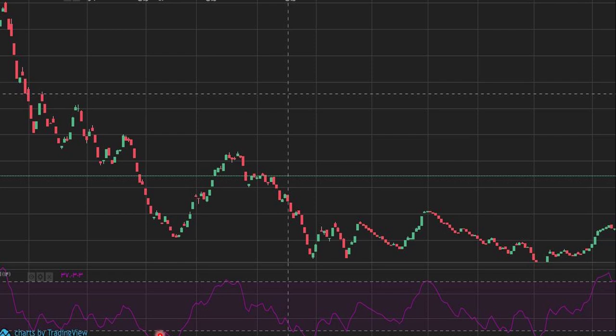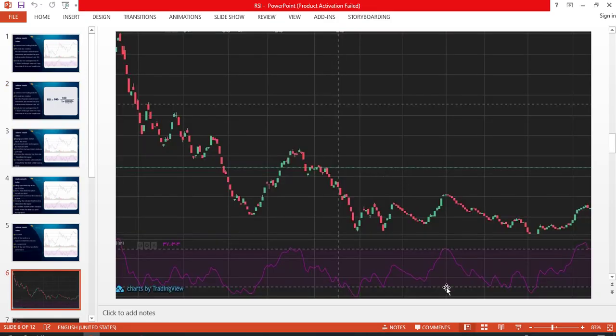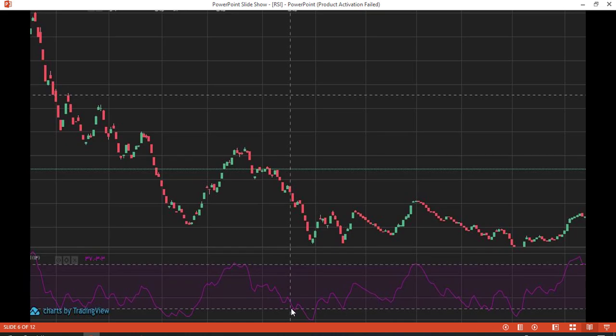I don't know if you can see this or not. Let me show you like this. Yes. Here we have a double bottom, and you can see at this point we can get a buying signal, and we are at the lowest price where this indicator gives us a buying signal.